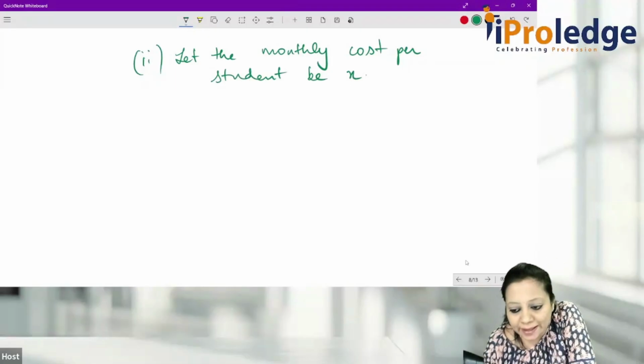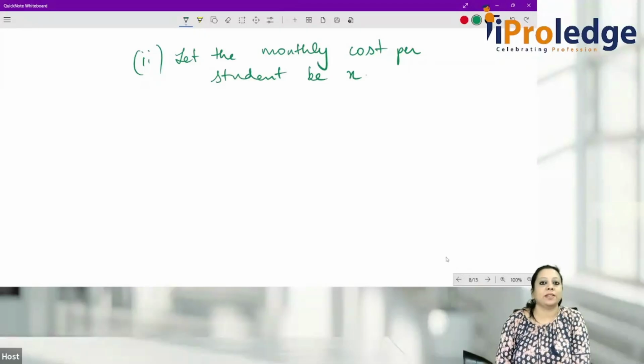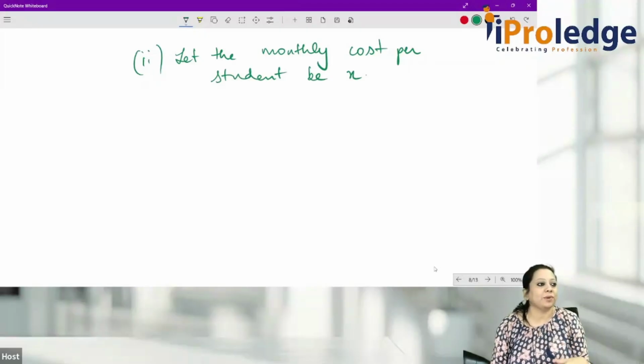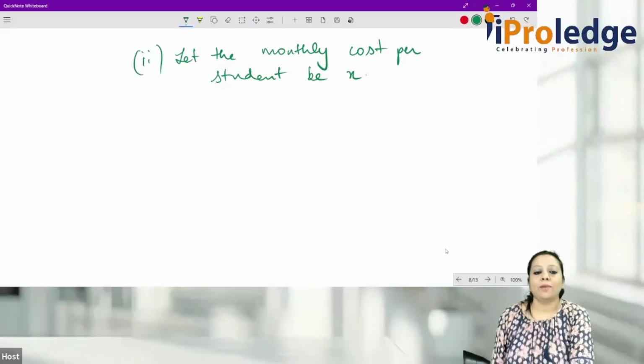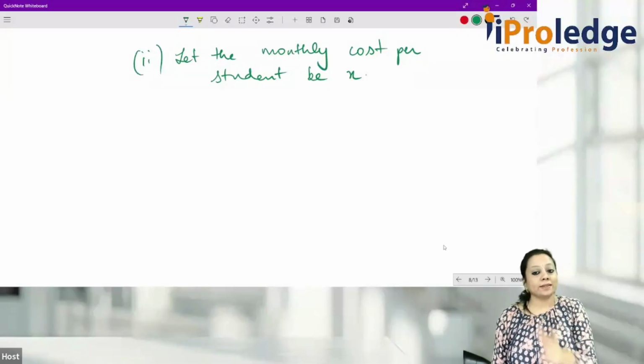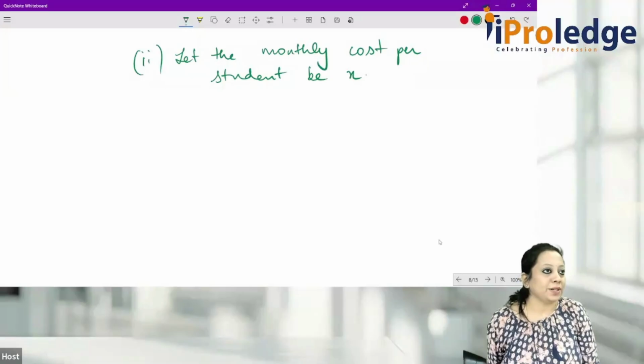Yes, ma'am. So why did I take monthly? The original information that was given was based on monthly, that is when they said 24 days and all that. So I have taken monthly cost. Now we have taken the monthly cost per student to be X.